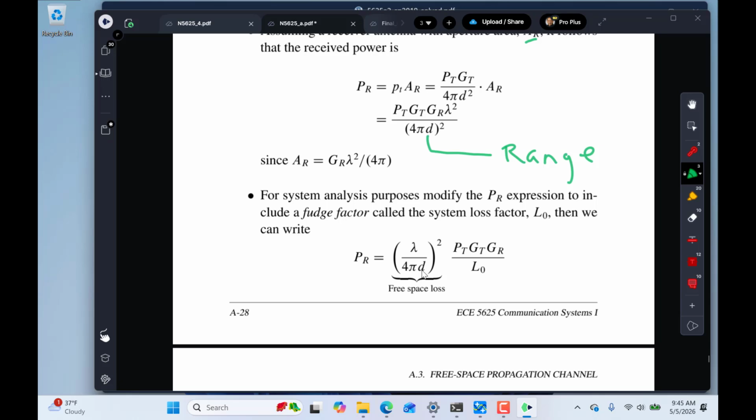That is the so-called free space loss. I'm willing to bet Dr. Song has mentioned this before in antennas. That is just a function only of the wavelength, inverse to the frequency of the carrier, and the distance between the transmitter and receiver. And then you have the other attributes: transmitted power, gain of the transmit antenna, gain of the receive antenna, and then this factor is just a fudge factor.